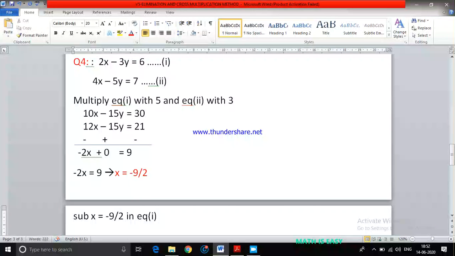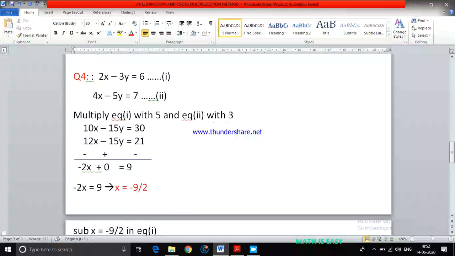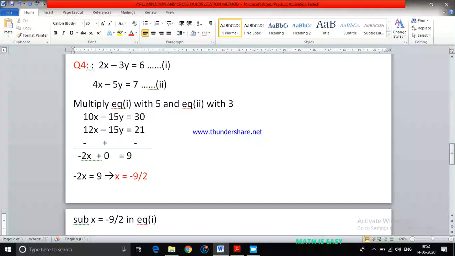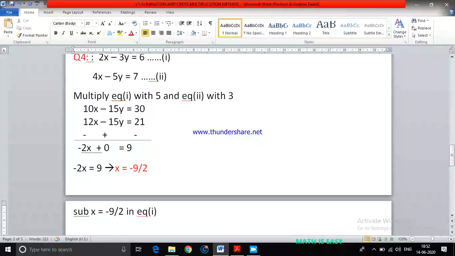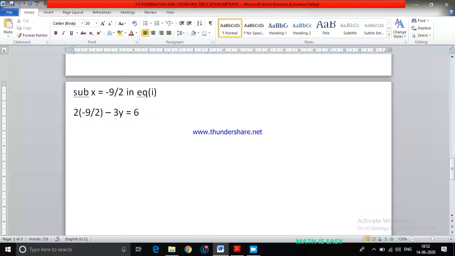What is your equation 1? It is 2x minus 3y equals 6. So it will be 2, x will be minus 9 upon 2, that is 2x minus 3y equals 6.